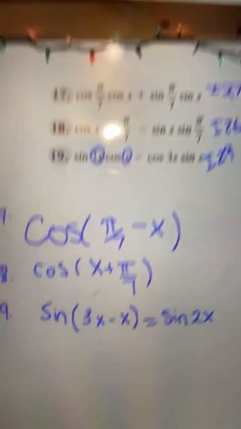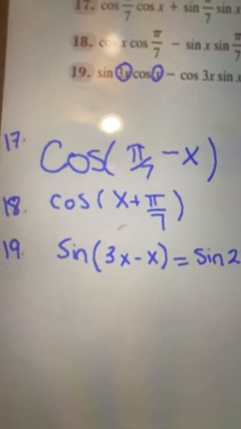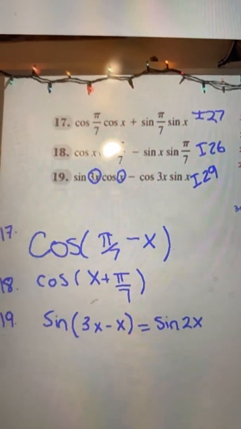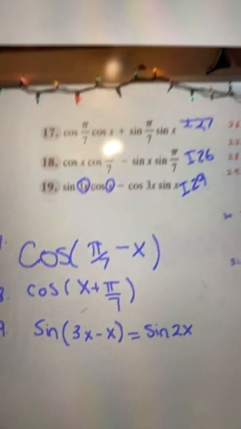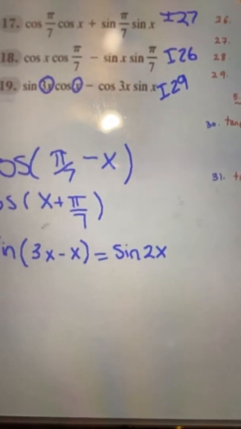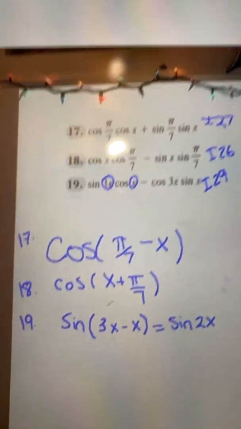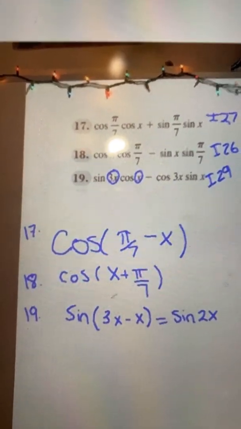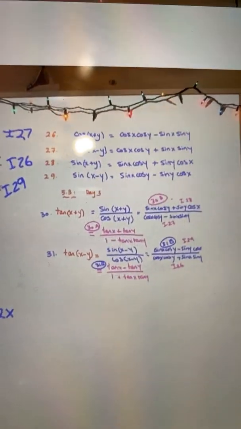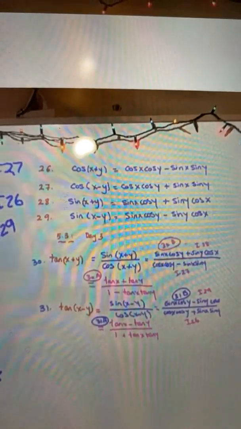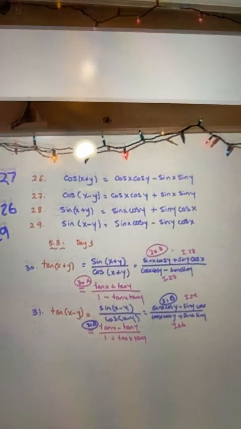It's a subtraction here. So the two angles are 3x and x, so 3x minus x is 2x. And every single time I put which identity I have used, so you can compare it here and see it. You're going to see this on every single slide, as we discussed.